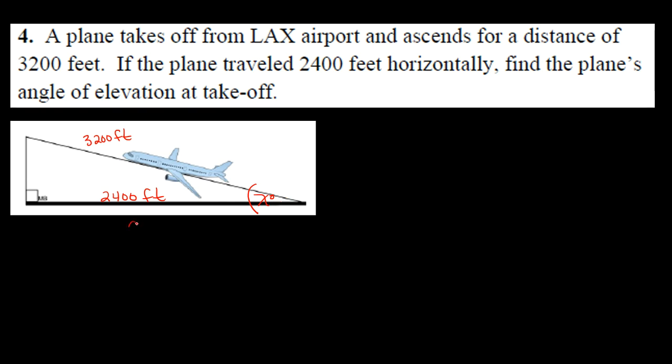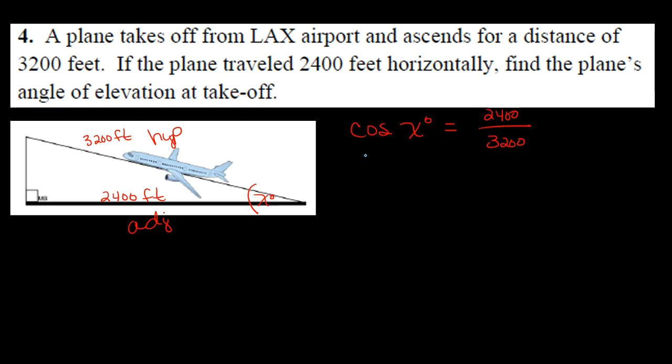So we have the adjacent and we have hypotenuse. So if we have adjacent hypotenuse, that is cosine. So the cosine of some measurement is equal to 2400 over 3200. We're going to use the inverse.